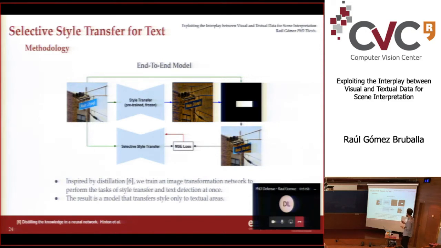So we get the image that has been stylized by a pre-trained style transfer network, and using the COCO-Text ground truth mask, we apply it only to the textual areas, training with a mean square error loss. And this end-to-end model ends up having similar results as the previous pipeline.